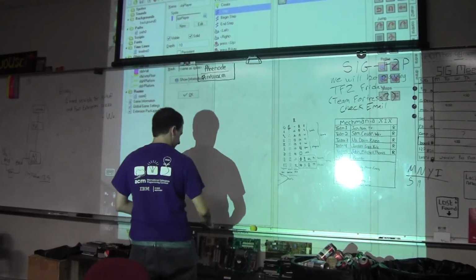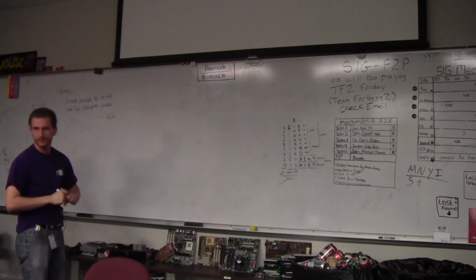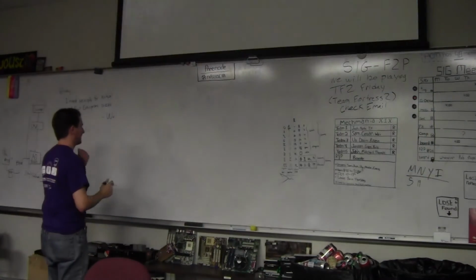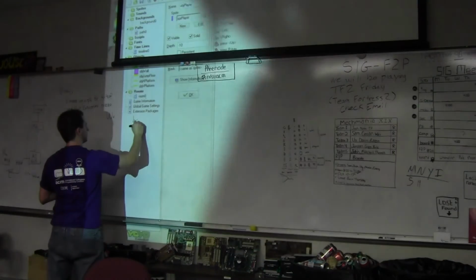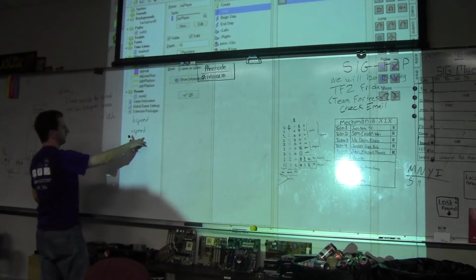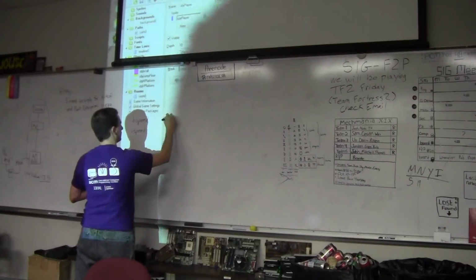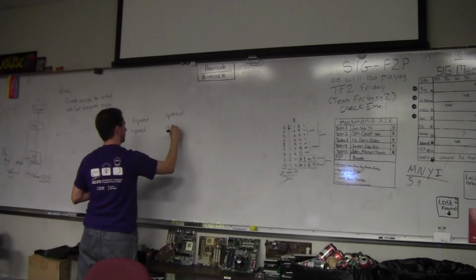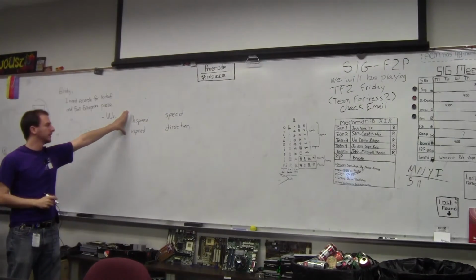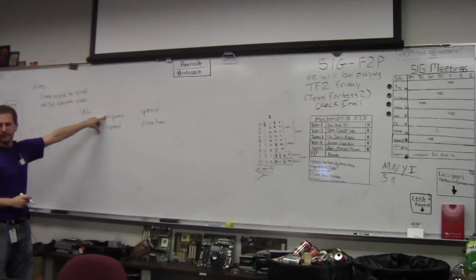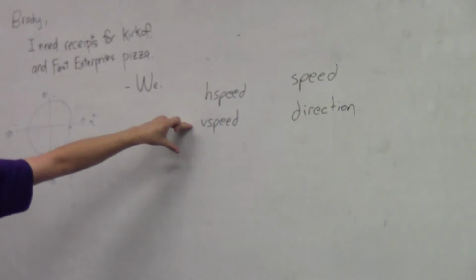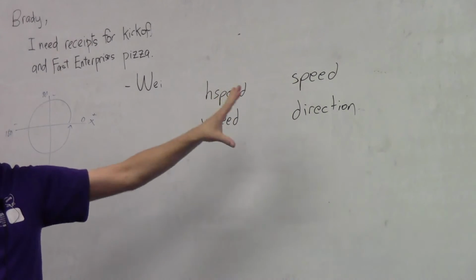Okay, so your object has h speed, v speed, and then also it has a speed and a direction. These all play into each other. So if you set the h speed, increase it, it's going to change the direction and speed variables. If you change the speed, it's going to change h speed and v speed, and basically all of these will change the other ones.